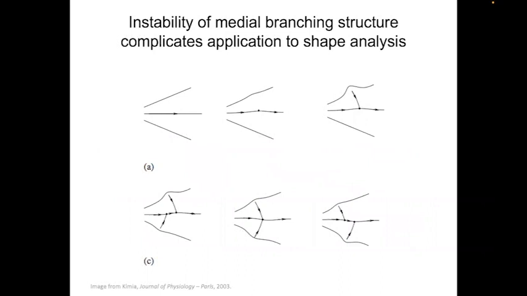No matter how much you prune, it's very hard to guarantee consistent branching structure or even very similar shapes. So if we want to do statistical analysis using features derived from the medial axis, it's difficult because very similar objects sampled from the same population of objects will almost certainly have very different branching configurations.